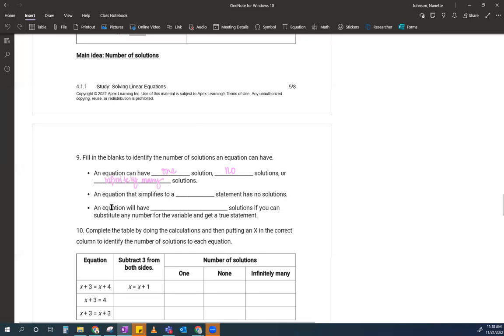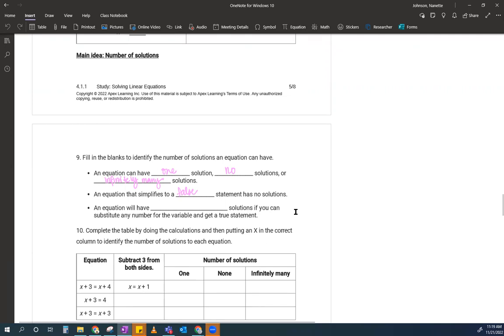So an equation that simplifies to a false statement has no solution. Remember, because we were always looking for something that's true. A false statement means it has no solutions. For example, this will look something like you do everything and then all of a sudden at the very end you get 4 is equal to 10.